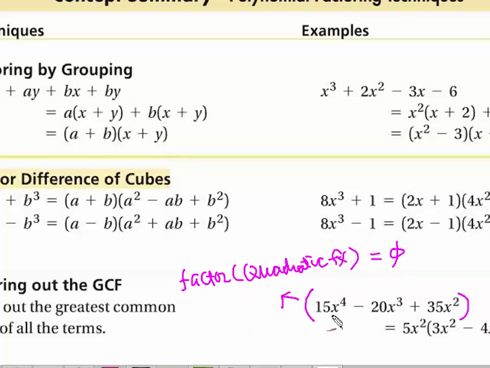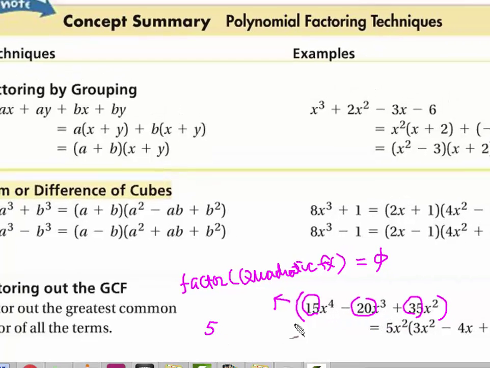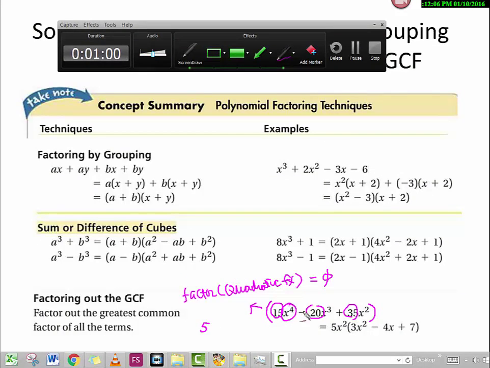So in this case, you can tell 15, 20, 35, the greatest common factor for these three terms is 5. And then when you look at the variable right here, the greatest common factor for these three terms is x squared. So we factor this out, and we end up getting this.